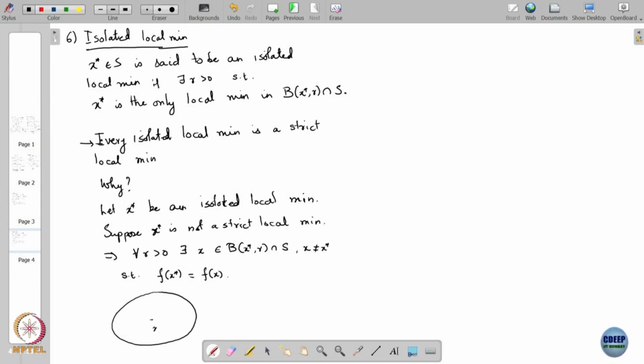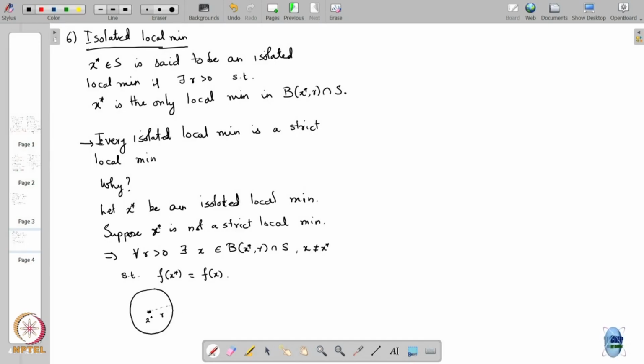Here's your point x star, and here's my, okay. So, suppose I'm just zoomed into point x star, and this ball doesn't look like a ball. So, this is my point x star, this is my radius r around it.